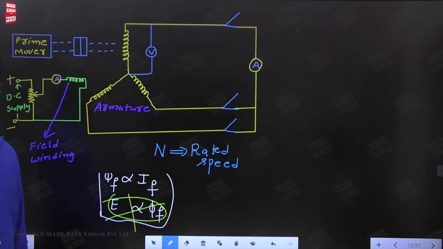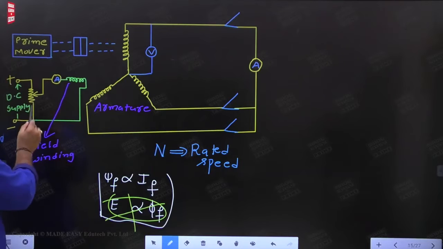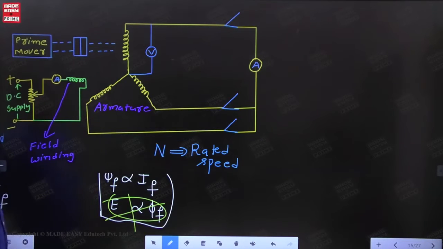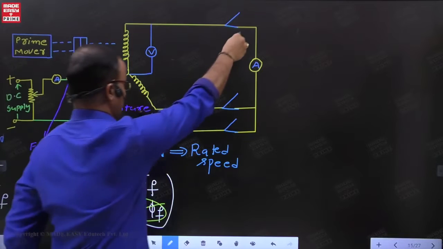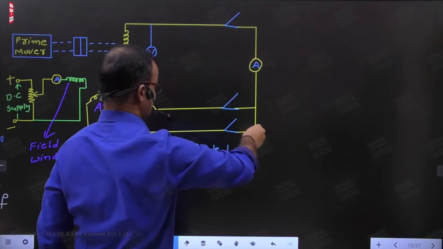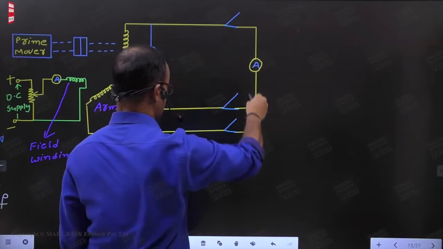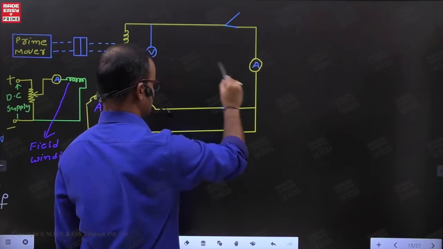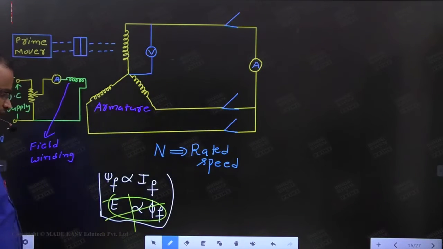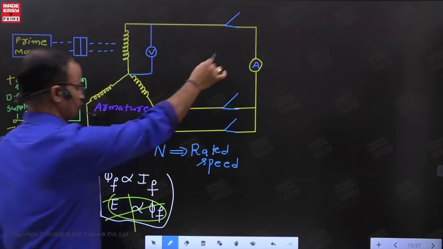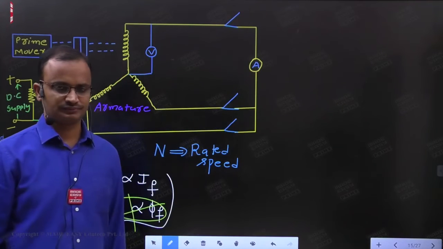In the short circuit test here, every time by varying the potential divider, we can adjust the field current. Now corresponding to the field current, every time you have to measure the respective armature current through an ammeter, since all three terminals are short circuited. At different values of the field current, we have to measure the corresponding armature current.